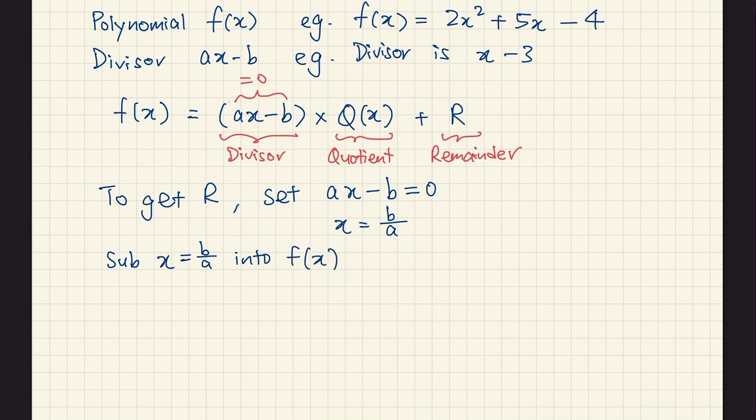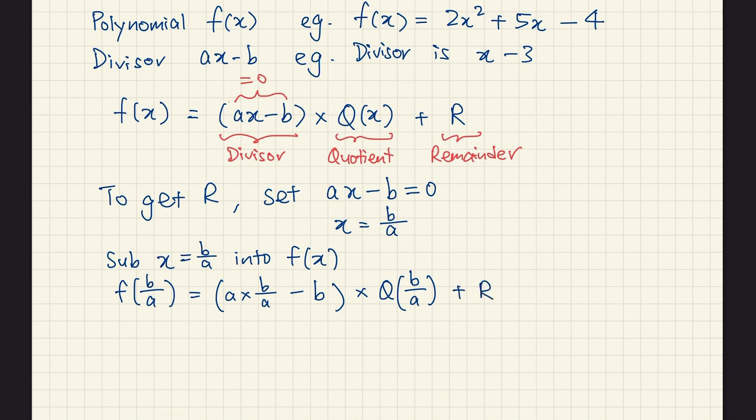We will get f of b over a equals a times b over a, which is x, minus b, times q(x), where q is q of b over a, which is not really important because we will get 0 anyway, then plus the r.